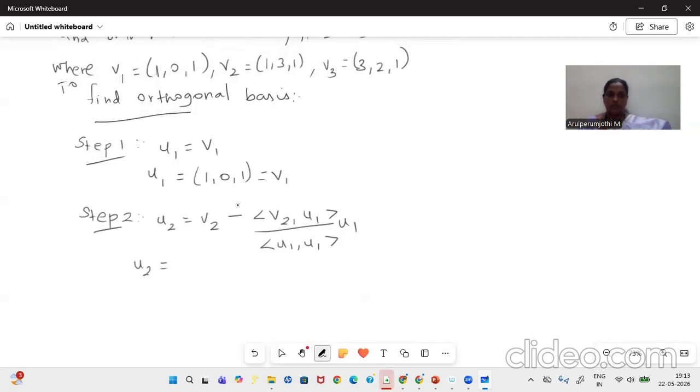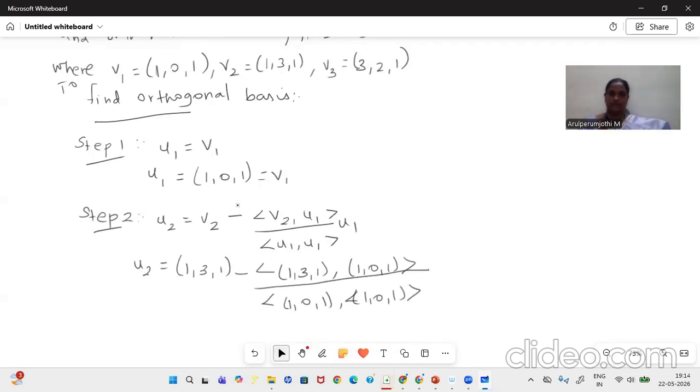So U2 is equal to (1, 3, 1) minus inner product of V2, which is (1, 3, 1), comma U1, which is (1, 0, 1), the whole divided by inner product of U1 comma U1, where U1 is (1, 0, 1), into U1, which is (1, 0, 1).